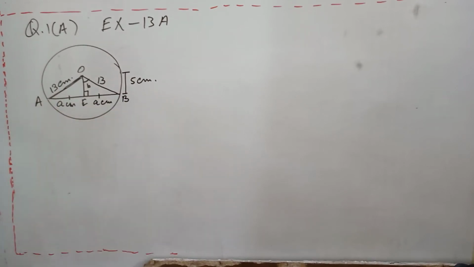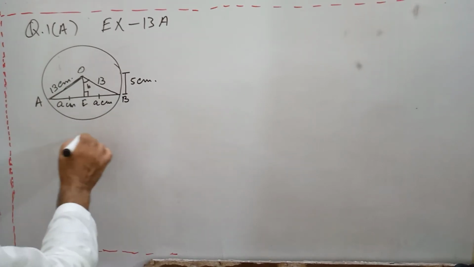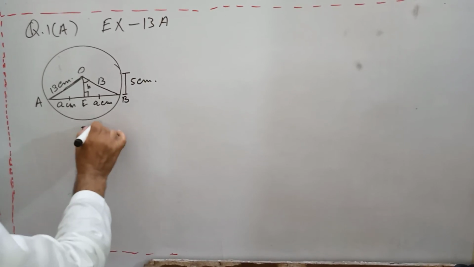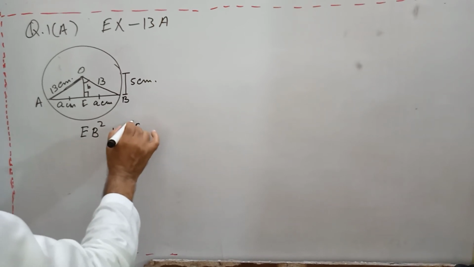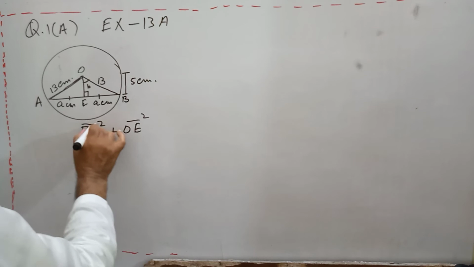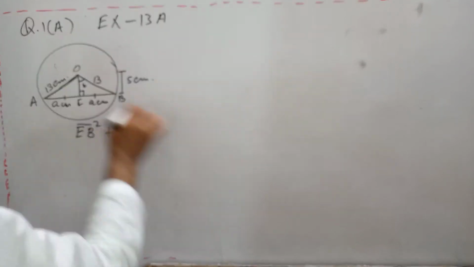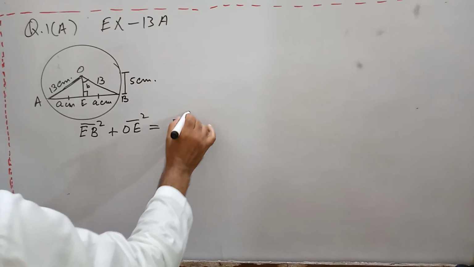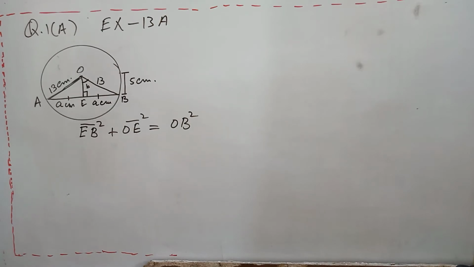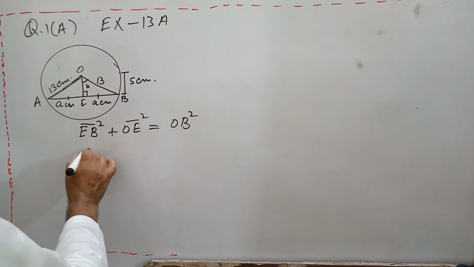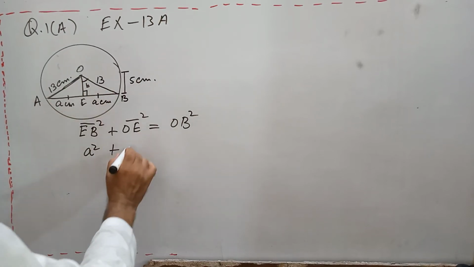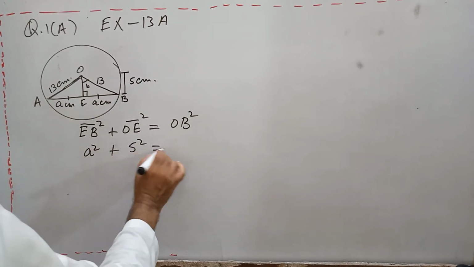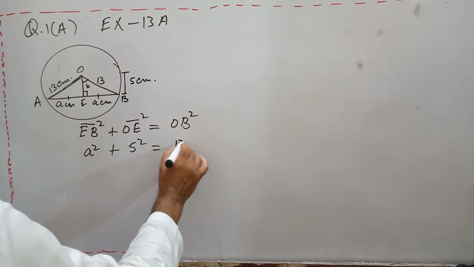Using the Pythagoras theorem, EB square plus OE square equals OB square.